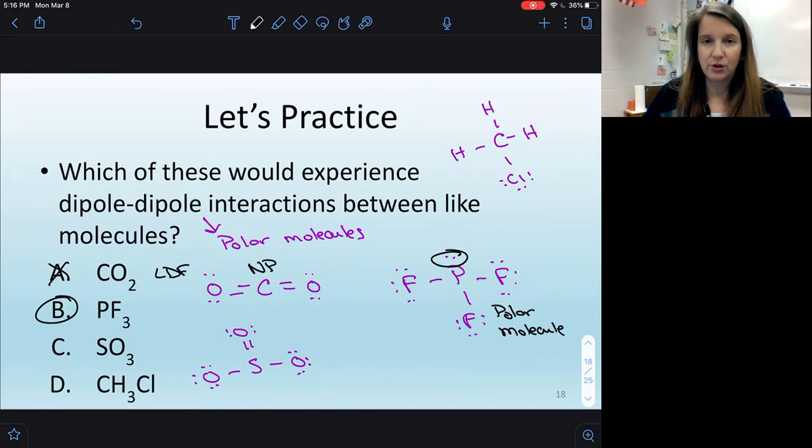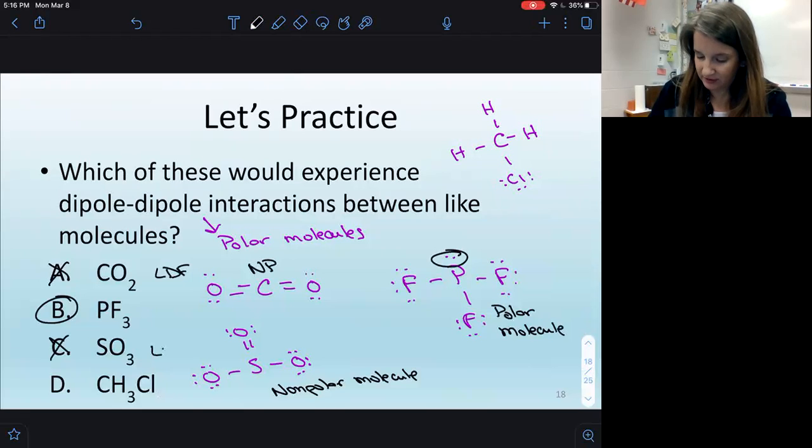I can see that there's no lone pairs around the central atom, and I can see that all of the ends are oxygen. That makes this a non-polar molecule. So would the SO3 have dipole-dipole interactions? No, because it's a nonpolar molecule. What kind of IMFs, intermolecular forces, would exist between two SO3 molecules?